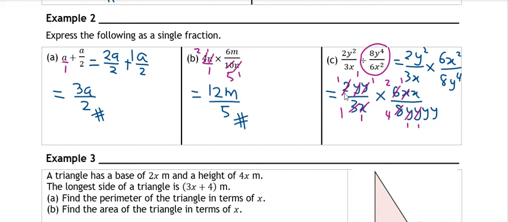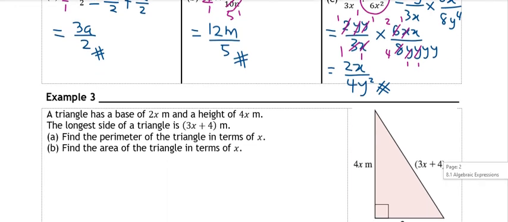So you are left with 1 over 1. Here just focus on what is left: 2 times x means 2x over 4y squared, right? So there you have it. That's for example 2C.